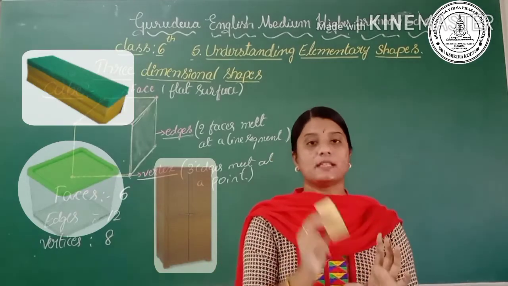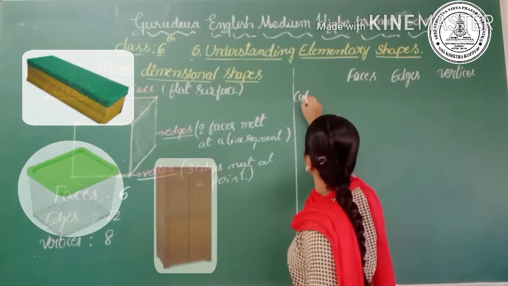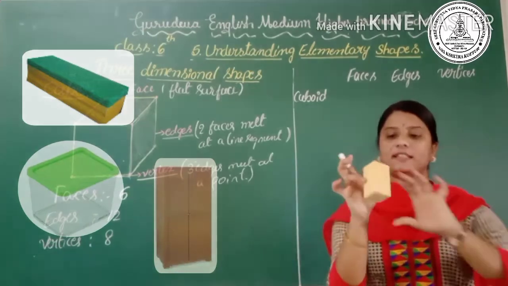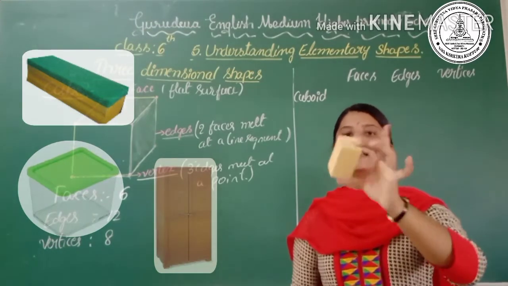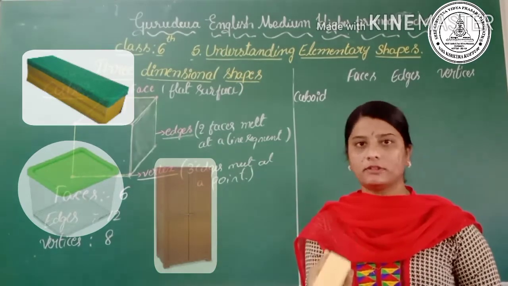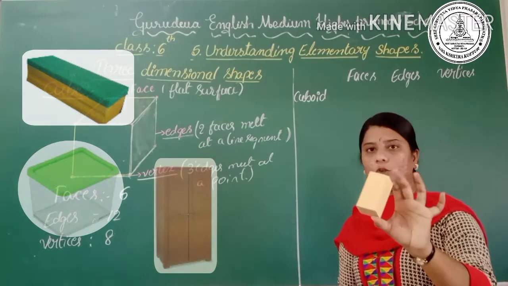Totally it has 6 faces. How many faces does the cuboid have? The cuboid has 6 faces. Take your geometry box and count the faces. Your geometry box is the shape of a cuboid.